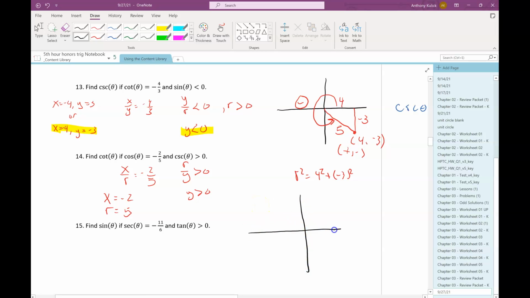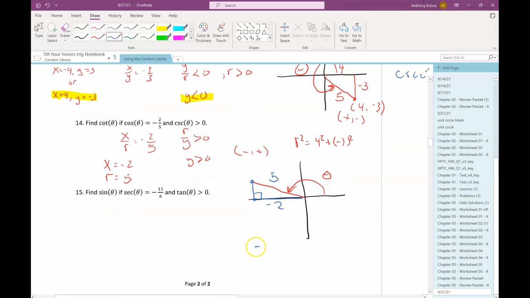Okay. So I have a negative x and a positive y, so that means we're in quadrant 2. So I'll draw my triangle. The x side is negative 2, and the r side is 5.